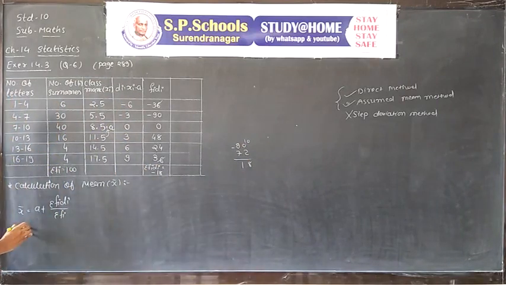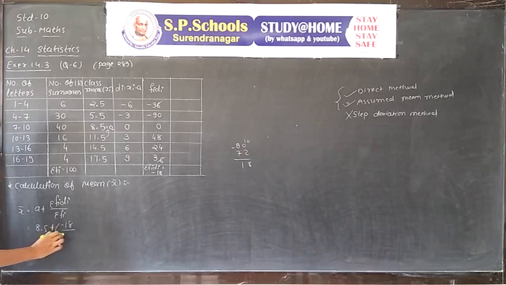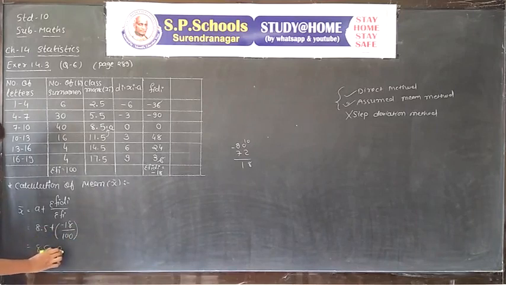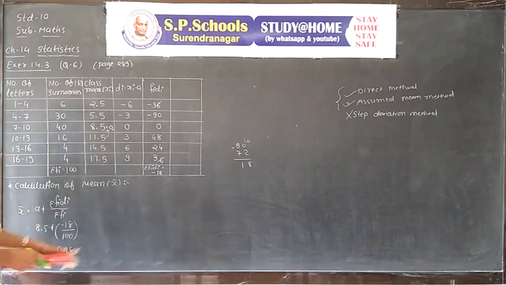Now we substitute the values here. Assumed A is equal to 8.5 plus sigma fi di, which is minus 18, and sigma fi is equal to 100. 8.5 remains as it is, plus minus 0.18.